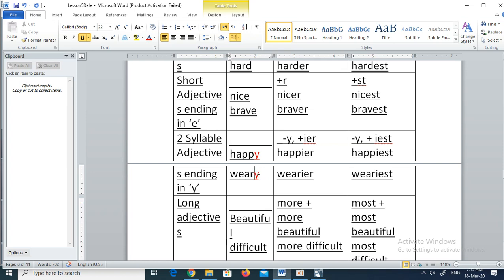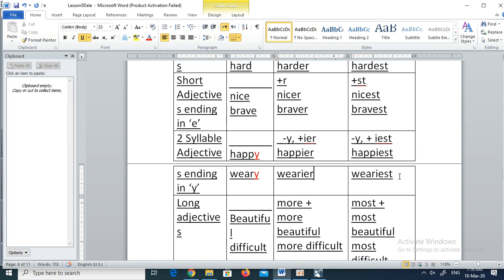Weary in the positive degree has a Y at the end, but if we have to make the comparative degree, again we drop that Y and we add IER and it becomes wearier. If we have to make the superlative degree, again we drop the Y, we add EST and it becomes weariest.